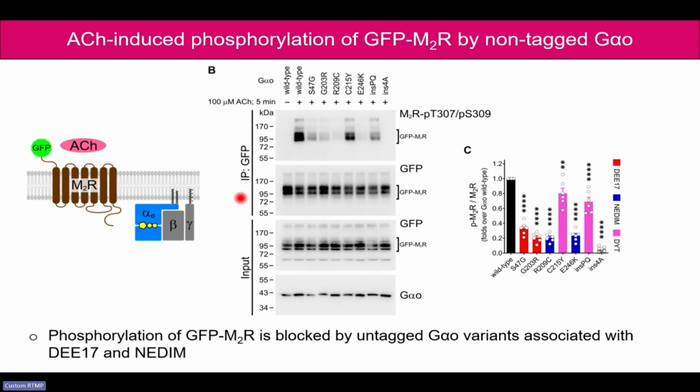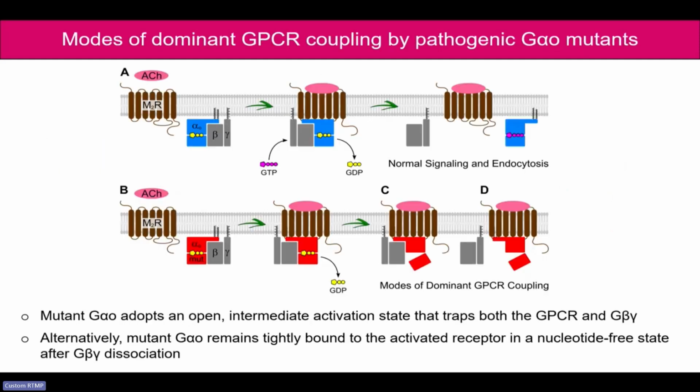We can immunoprecipitate the GFP receptor, and we found exactly the same phenotype. So what we can confirm is that for all of these severe mutants, when the receptor gets activated, the G protein formed by these mutants interacts with the receptor and blocks it at the plasma membrane, and it doesn't allow the rest of the machinery to come to the receptor to deactivate it.